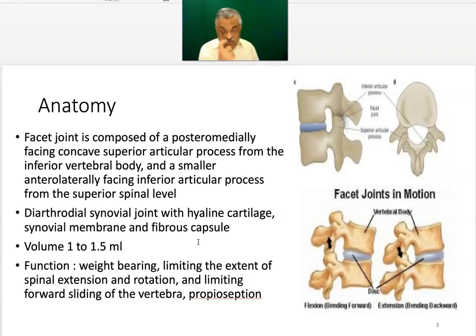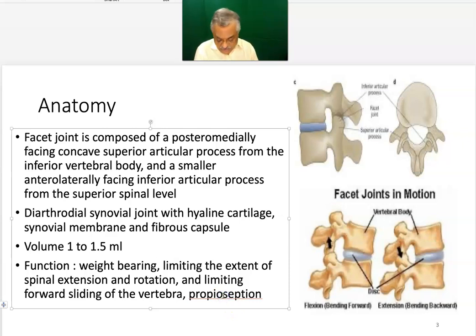And the joint can normally accommodate 1 to 1.5 ml of fluid. The function is weight bearing, limiting the extent of spinal extension and rotation, limiting forward sliding of the vertebra, and proprioception.